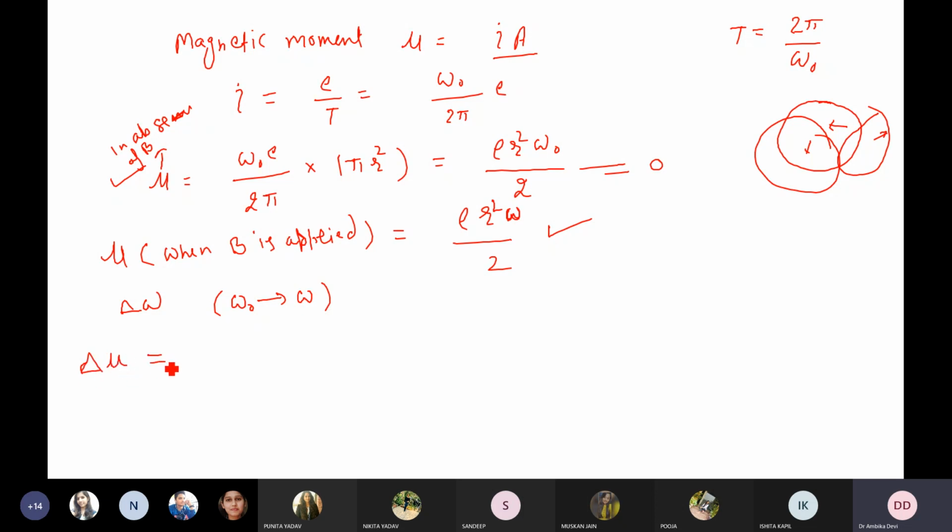That change in magnetic moment is given by Δμ = Er²Δω/2. The negative sign is also there, sorry.